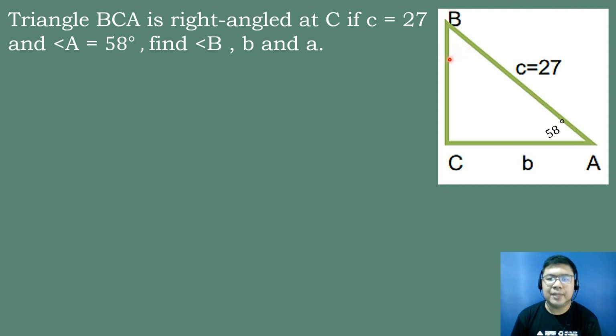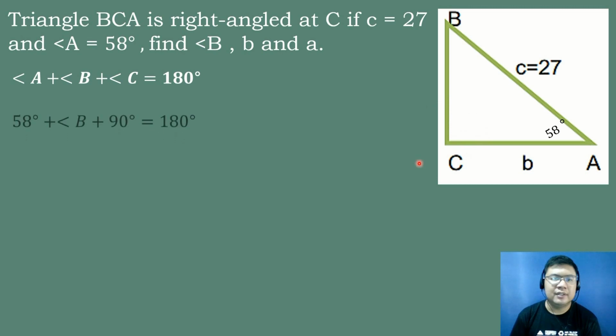So to solve for the measure of angle B, we will use the formula angle A plus angle B plus angle C is equal to 180 degrees. The sum of the 3 interior angles of a triangle is equal to 180 degrees. We will be substituting the corresponding values. The value of angle A is equal to 58 degrees, and the value of angle B is unknown, and the value of angle C is equal to 90 degrees since this is a right angle.